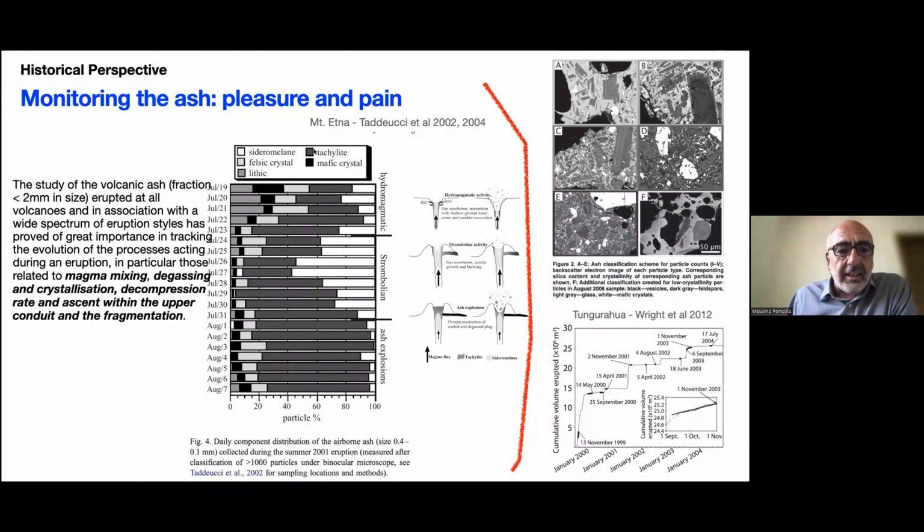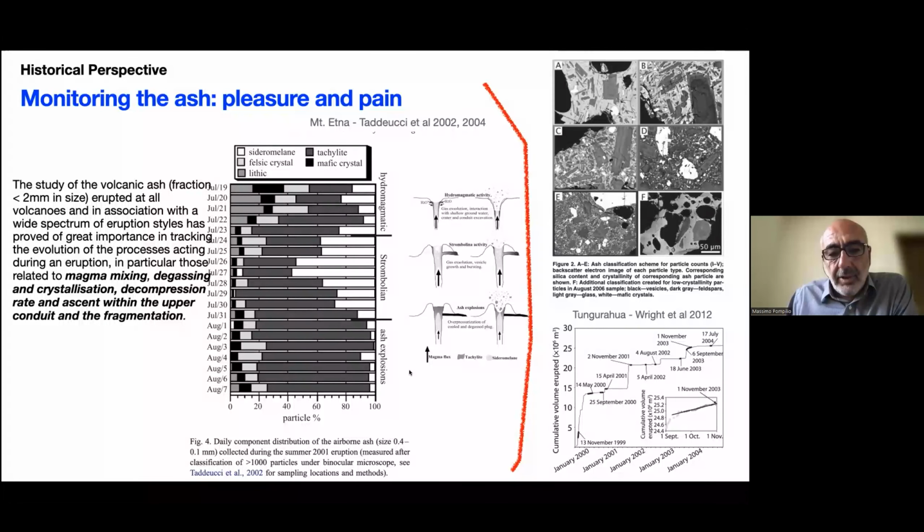You can see here that the tachylite, which is the more crystallized part, together with felsic crystals, is dominant during the first phase of the eruption, when the eruption was hydromagmatic. When the eruption starts to be strombolian, and in some cases very violent strombolian, the fresh or clean glass, the sideromelane, was dominant.